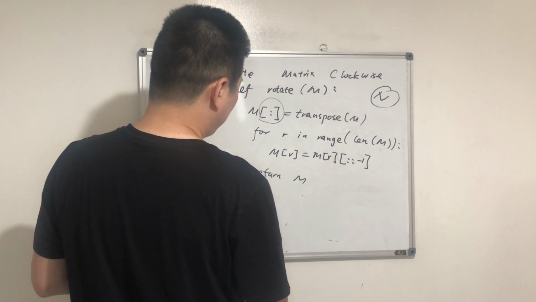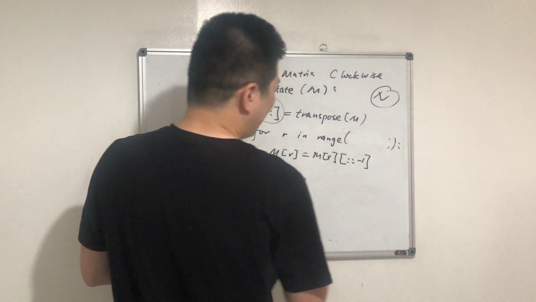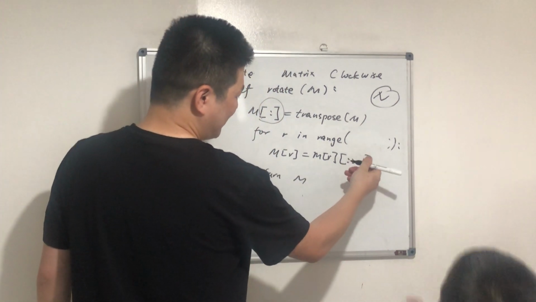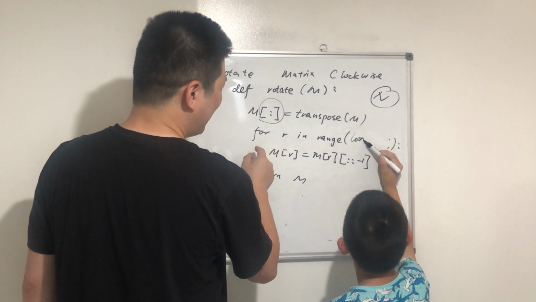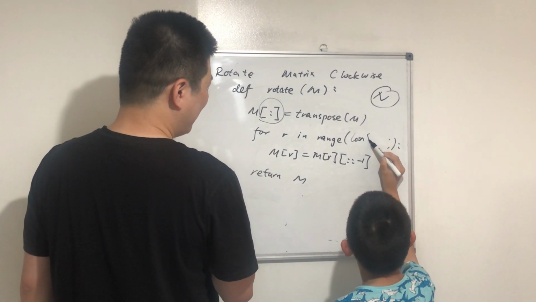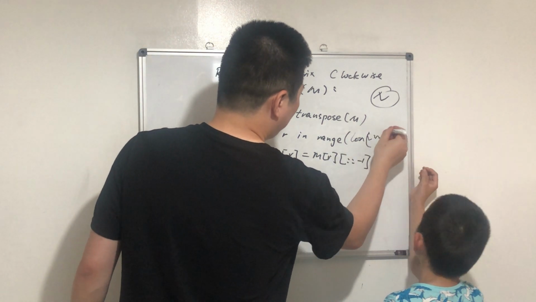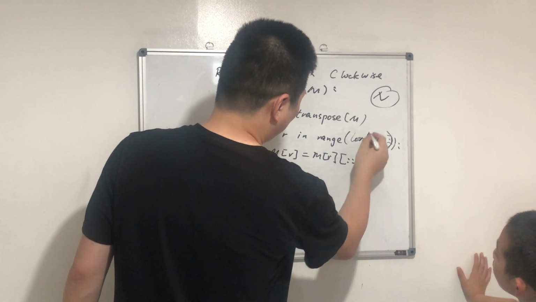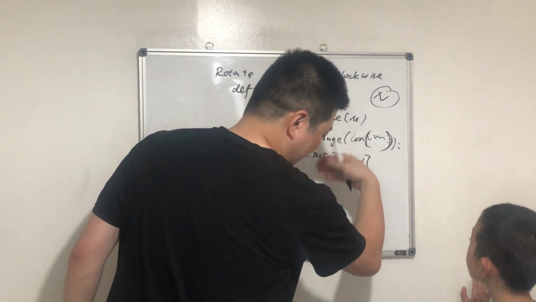Okay, how can I do this? Can you write it down here? That's easy. So we want to return, we want to then what? Not the square bracket, the bracket is the function. Length means the number of rows for the matrix, right?